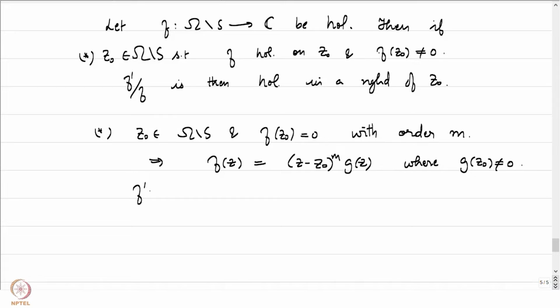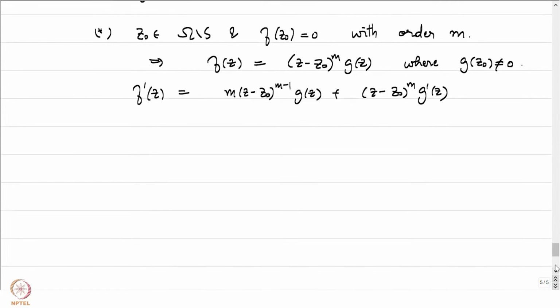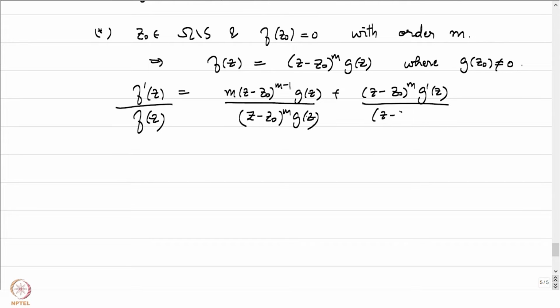And then we have f prime of z is basically m times z minus z0 to the power m minus 1 into g of z plus z minus z0 to the power m times g prime of z. And when we divide it by f of z, we end up with z minus z0 to the power m here, and here we end up with again the same thing, z minus z0 to the power m and g of z.